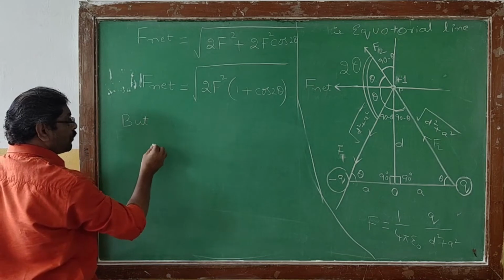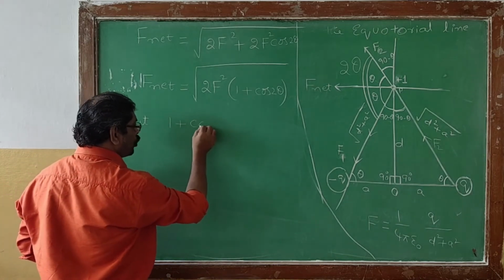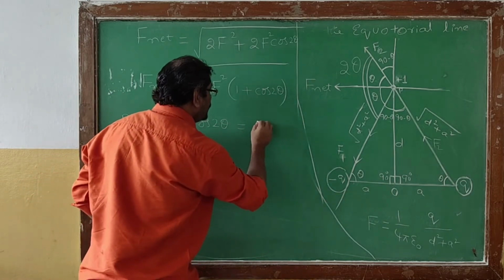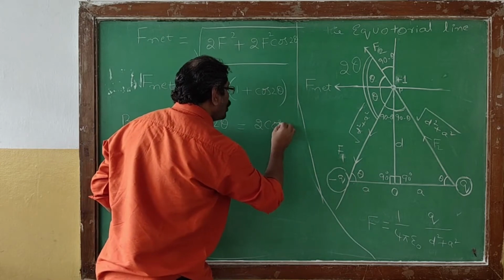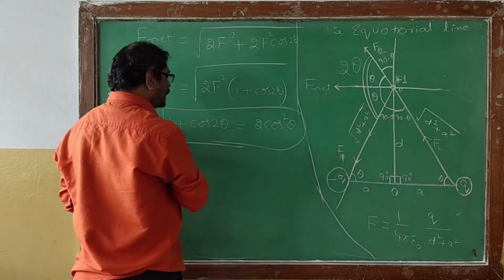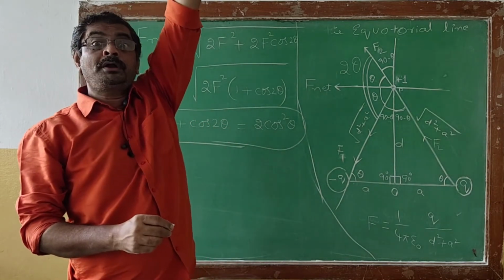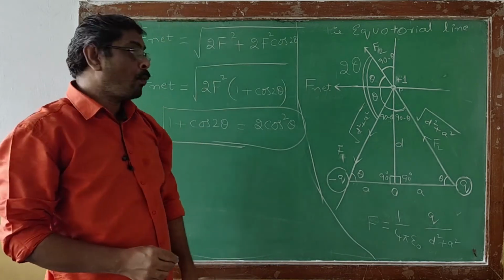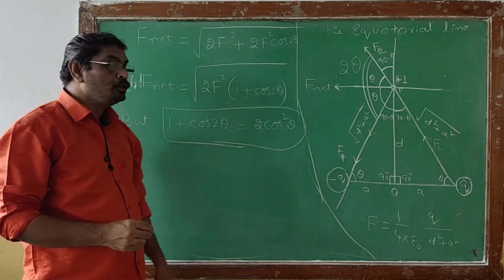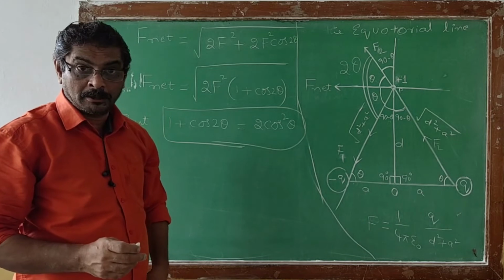So remember this formula: 1 plus cos 2 theta will be numerically equal to 2 cos square theta. So remember this mathematical identity, or this trigonometrical formula. Now 1 plus cos 2 theta will be numerically equal to 2 cos square theta.